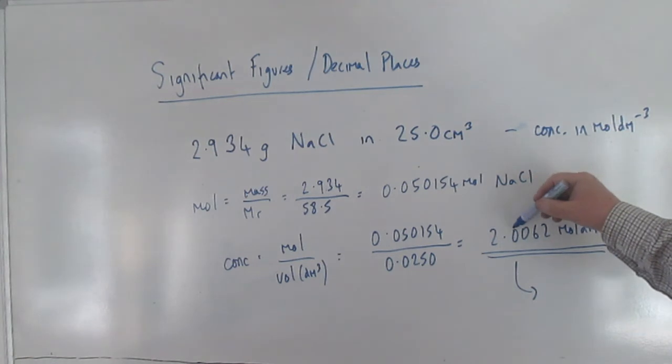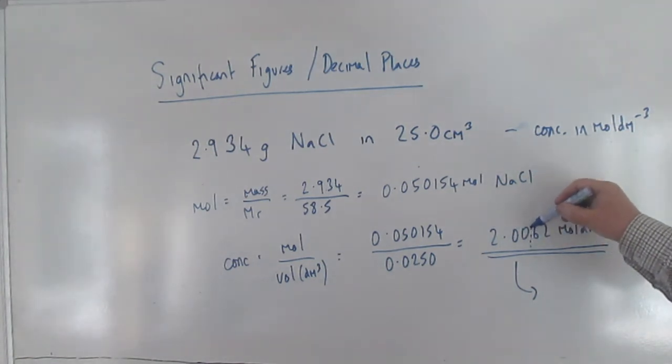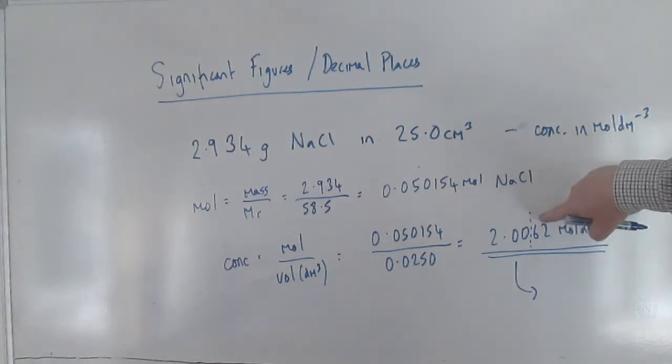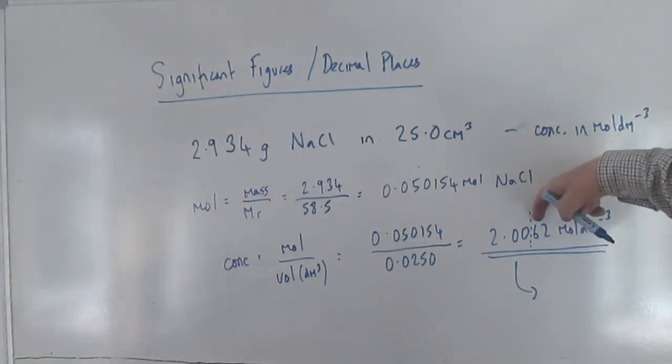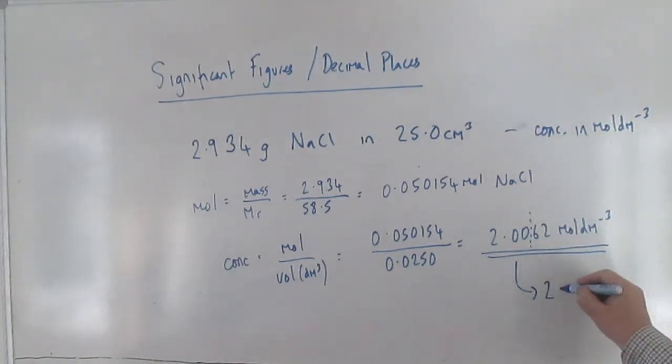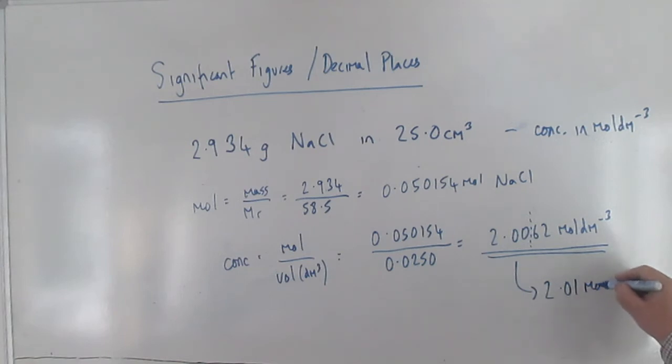So there's the first one, there's the second one, there's the third one. But remember, if the one that follows it is 5 or more, that rounds up. So you look at the figure that comes after the dividing line. If that's 5 or more, that one rounds up, to 2.01 moles per dm³ to 3 significant figures.